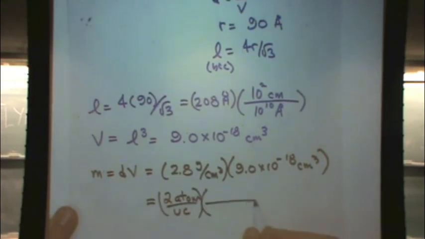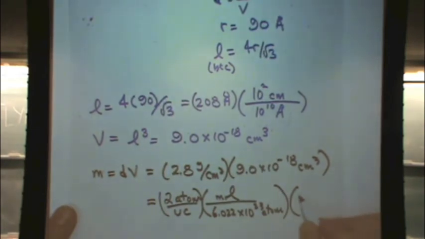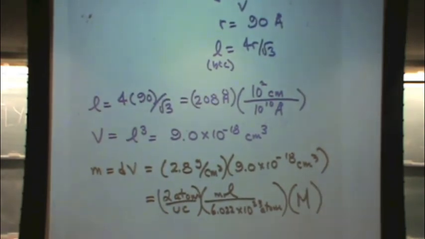If I multiply by Avogadro's number, I can change to moles. Okay, and then the big awesome thing I wanted to find, molar mass. I'll just call it capital M, grams per mole. So now, this up here, the first line, equals the second line.